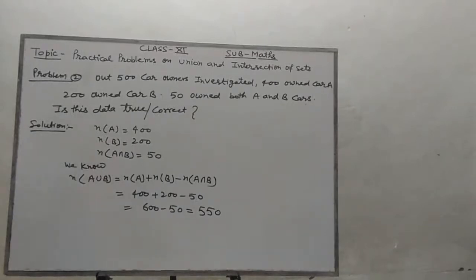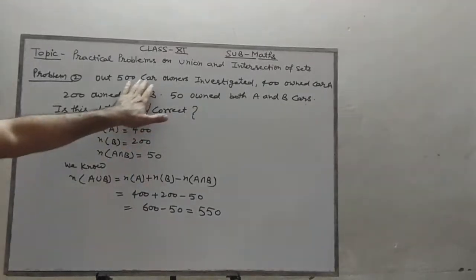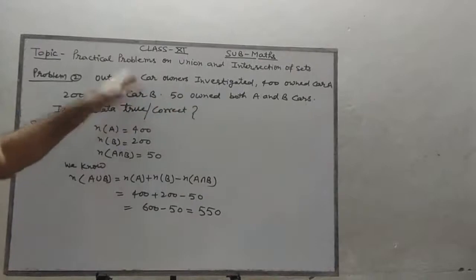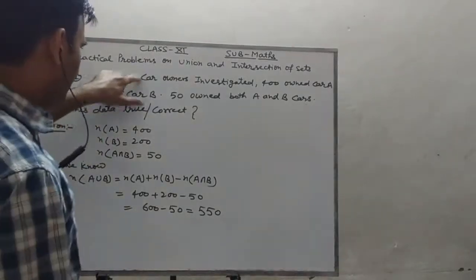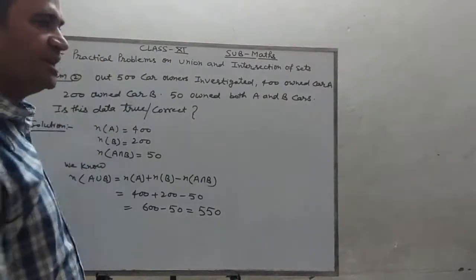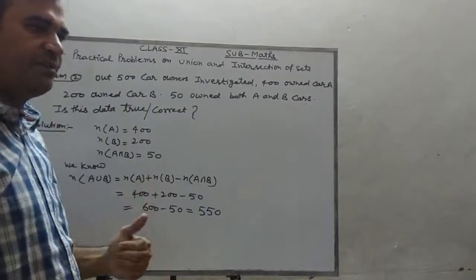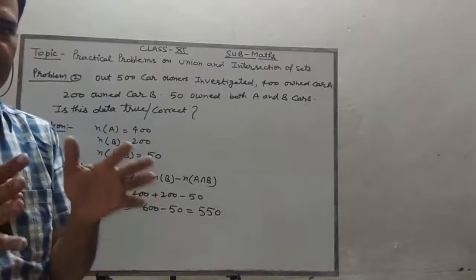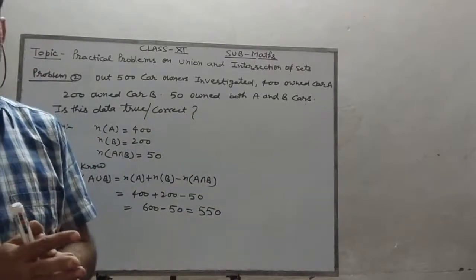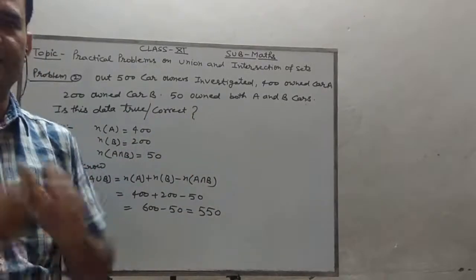While the number of pupils on which the data was investigated was only 500. So what does this tell? This tells if we are treating this one as the universal, then universal cannot be less than the union. Universal may become equal to union but cannot be less than the union.